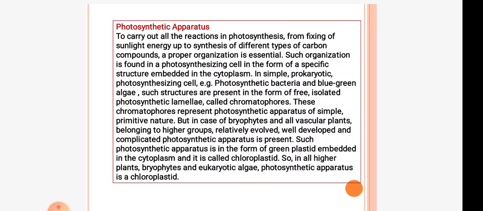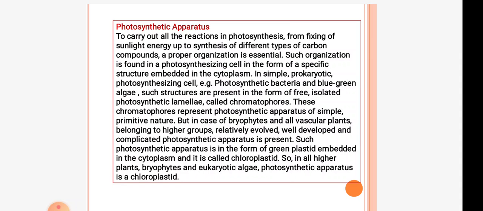In simple, prokaryotic photosynthesizing cells, photosynthetic bacteria and blue-green algae, such structures are present in form of free or isolated photosynthetic lamellae called chromatophores. These chromatophores represent photosynthetic apparatus of simple primitive nature.